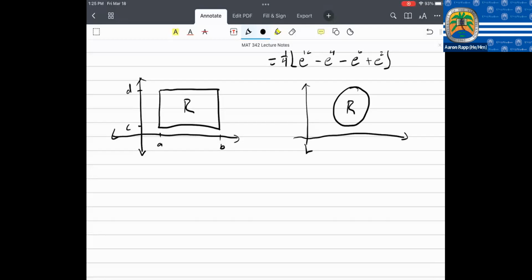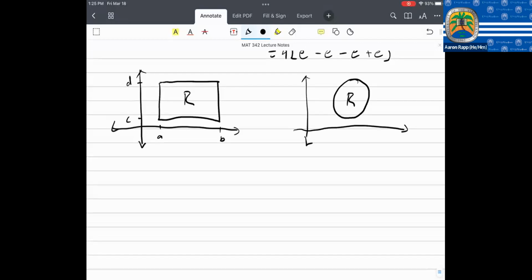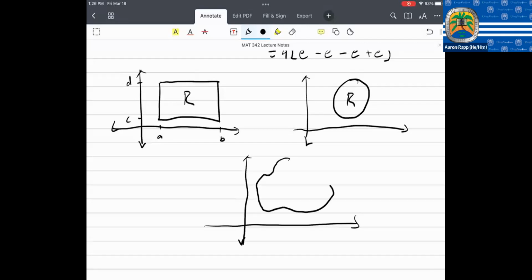So what if instead this was my region? The question is, how am I going to figure out how to set up my integration? It doesn't even have to be a nice little shape like this. It could be something more complicated. Okay, so the question is, how do we integrate over a more general region?